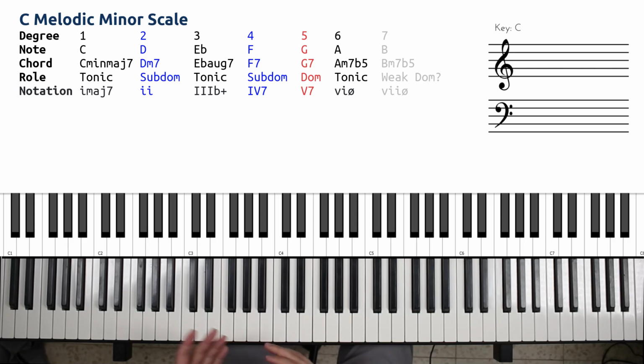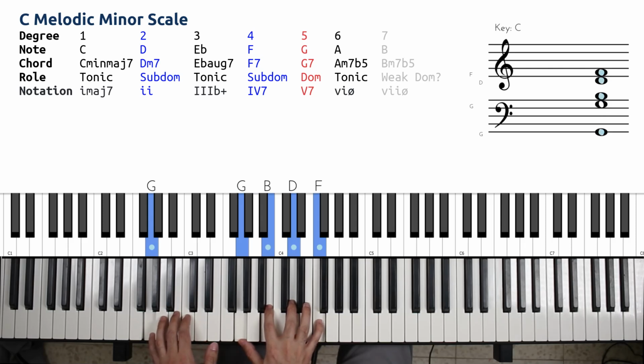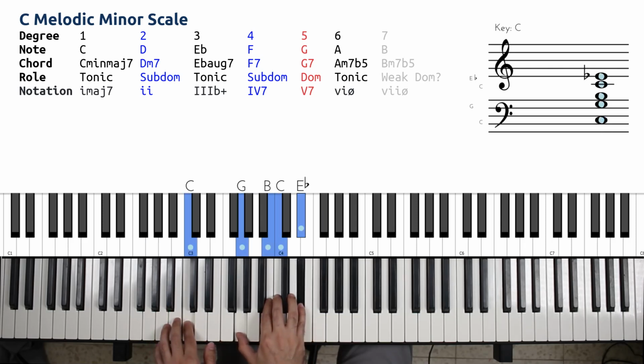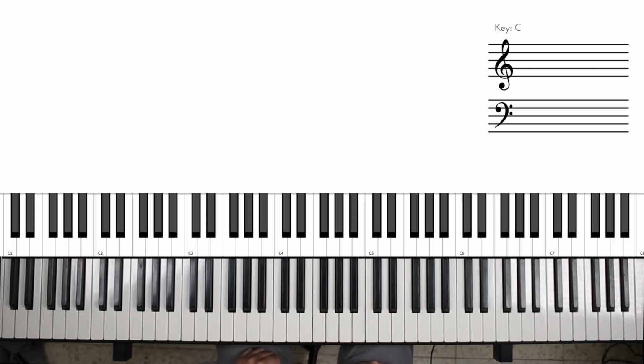How about a 2-5-1, which is legitimate? The 2 plays a subdominant role here. So that would be a D minor 7 to a G dominant 7 to a C minor major 7. Well, that's another option, and that's the melodic minor scale for you.